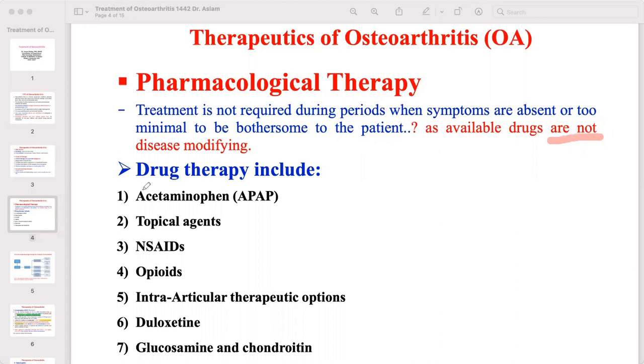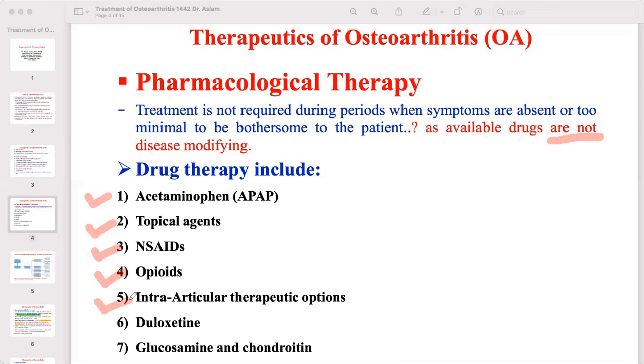Drug therapy includes acetaminophen, which is also termed paracetamol, some topical agents in the form of creams and ointments, non-steroidal anti-inflammatory drugs, opioids for analgesia, topical analgesics, and acetaminophen, which is also an analgesic.